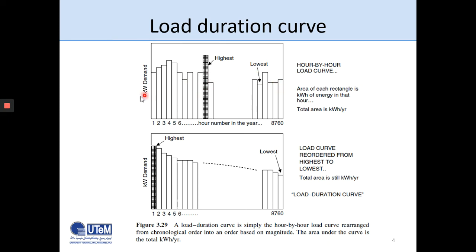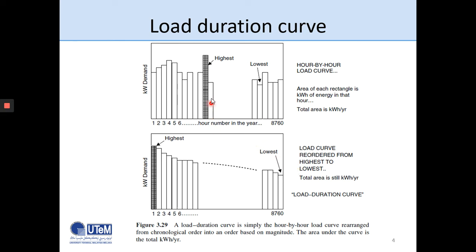Okay, so chronological, time-based, we know from this one when we are going to use the highest amount of energy, and when the lowest, and when in between, right? So now we modify the figure and rearrange the bars into what we call order from highest to lowest.